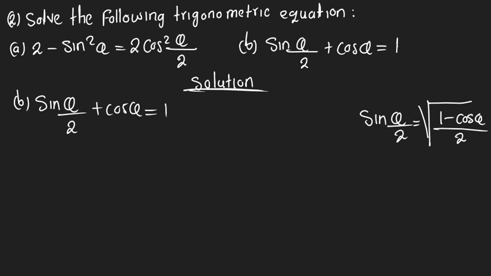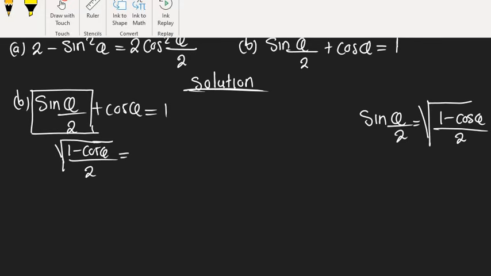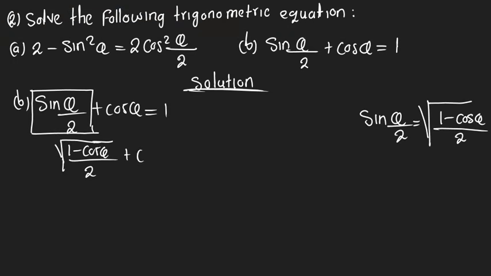So where there is this part here, you just replace with what you have. So this is root of 1 minus cosine theta over 2, plus cosine theta equal to 1.